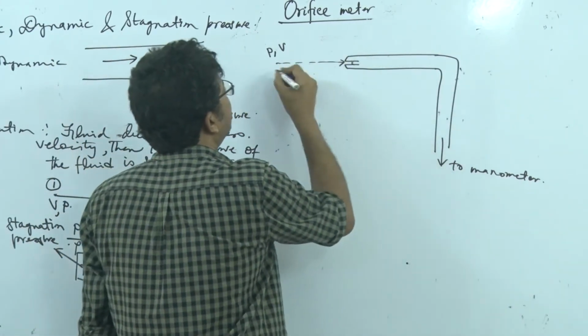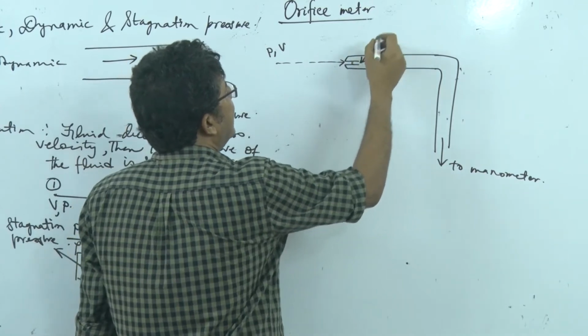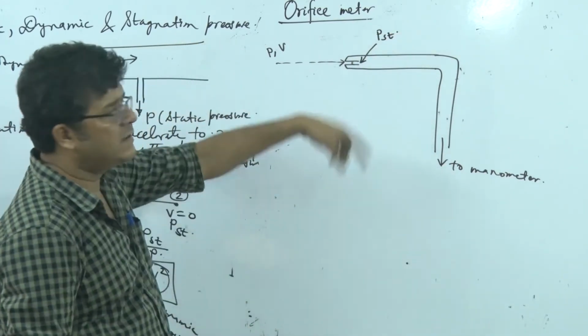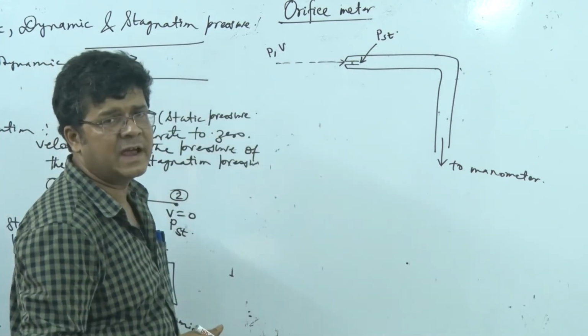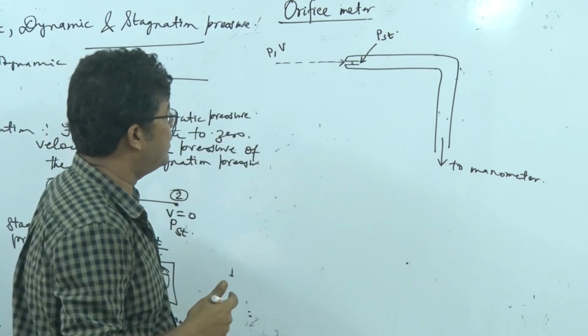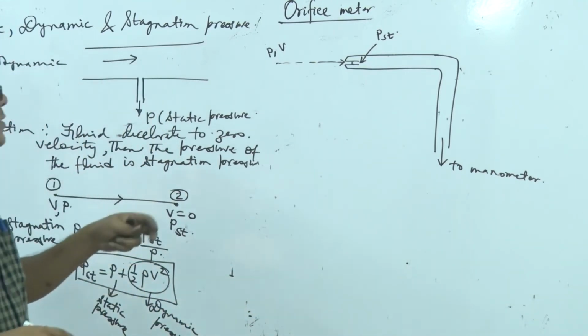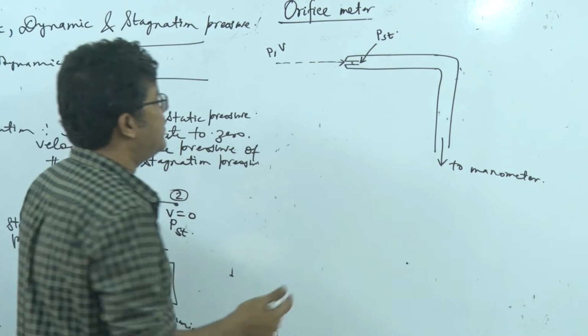At this capillary mouth we will have the stagnation pressure. We can measure the stagnation pressure, and if I know the static pressure, we can calculate the local velocity. But knowing the static pressure itself is a problem, so we will go for a collective measurement.